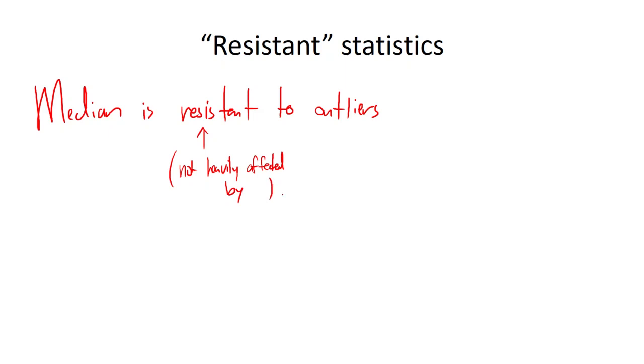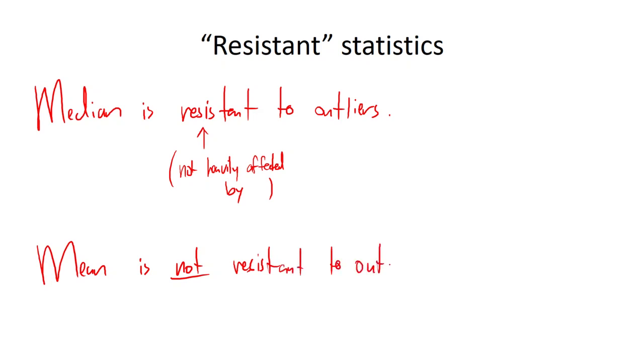So the median is not heavily affected by outliers. It's resistant to outliers. Whereas the mean is not resistant. So the mean can be heavily influenced by outliers.